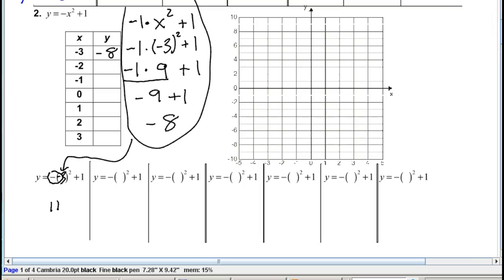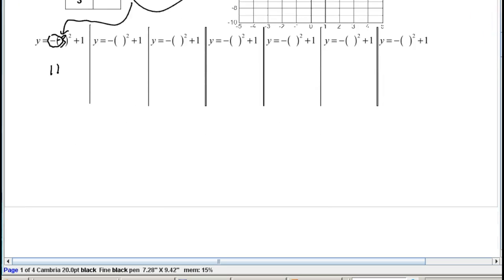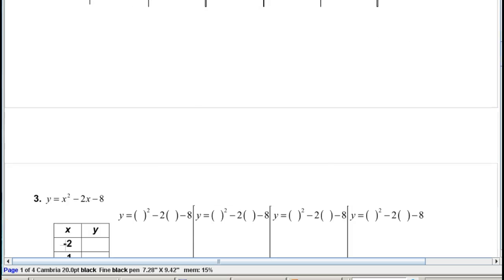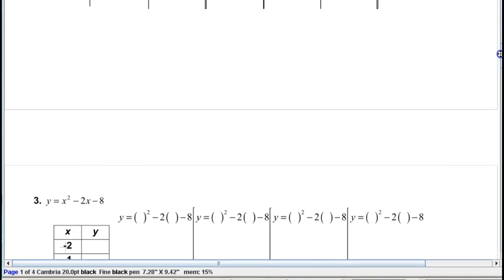Same thing here. Let me go down, flip it over to, I think, page. That's straightforward.